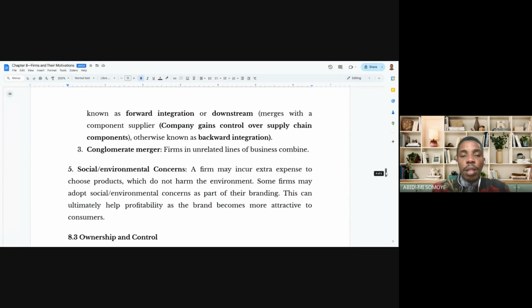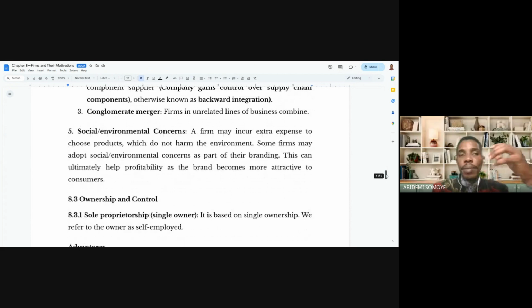Okay. Number five, aside from making profit, maximization of sales, and maximization of the managerial utility function, we can also have a firm being concerned about the environment. Now you know that we talk a lot about environmental sustainability, pollution, climate change, or having a sustainable environment. So a firm might be interested in making profit, selling more product, growing its business in size.